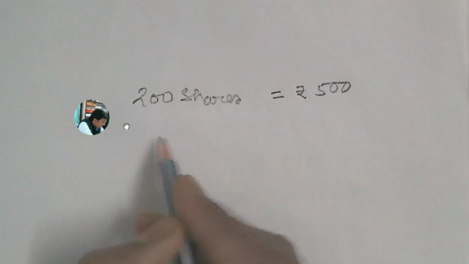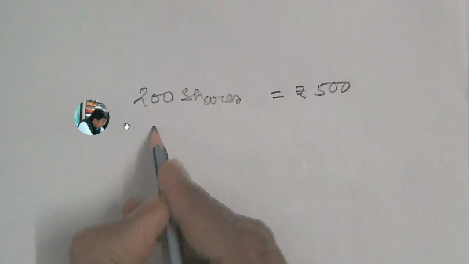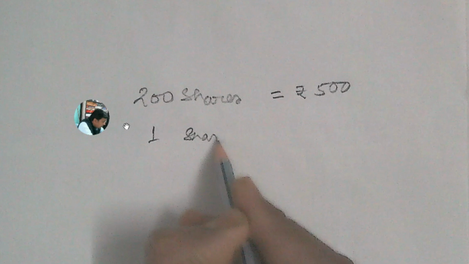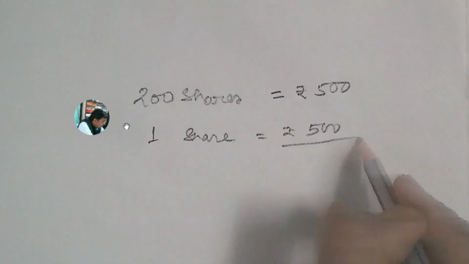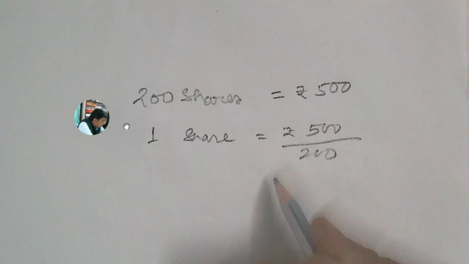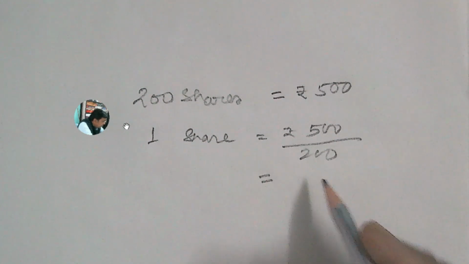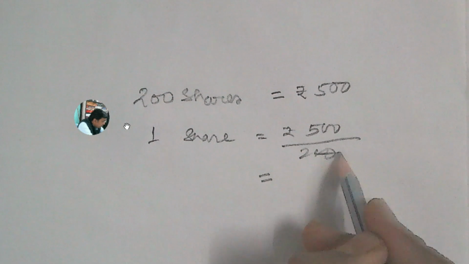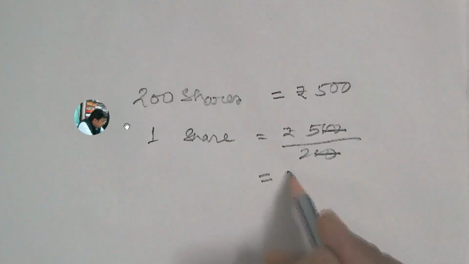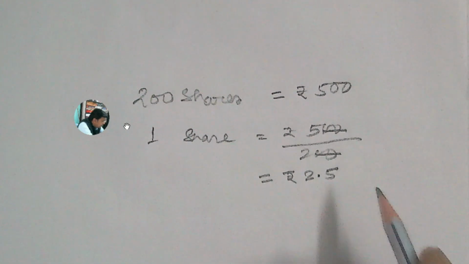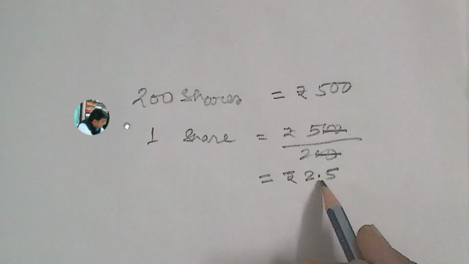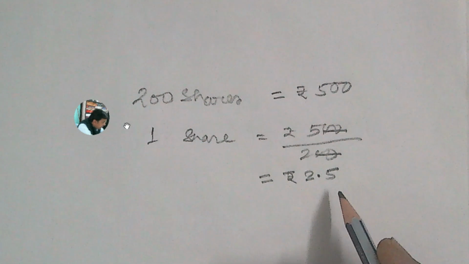So in one share the forfeited amount is 500 divided by 200 shares, which is 2.5. In one share the forfeited amount is rupees 2.5.